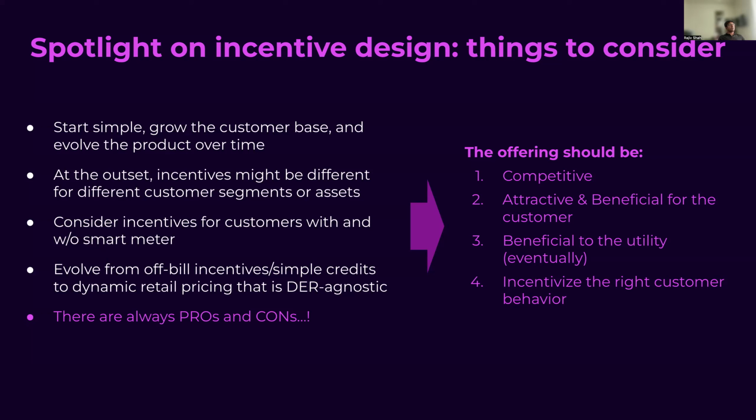And so, where we've started with this is let's get some simple programs out there. And those incentives have largely been siloed, focused at different customer segments or asset types. You might have one program for EVs, another management program that's looking at home batteries, another management program for smart thermostats.